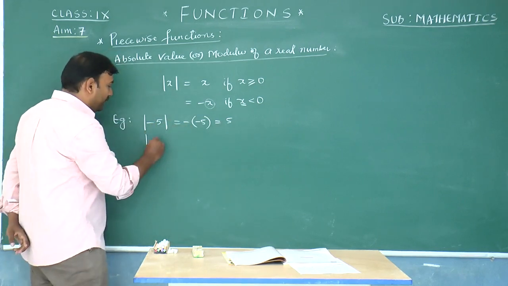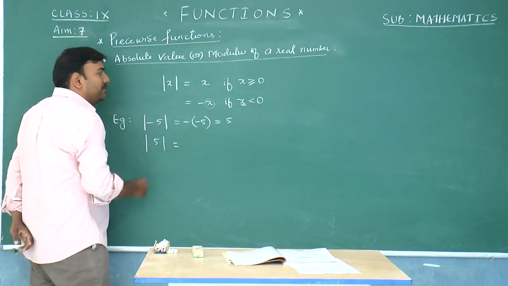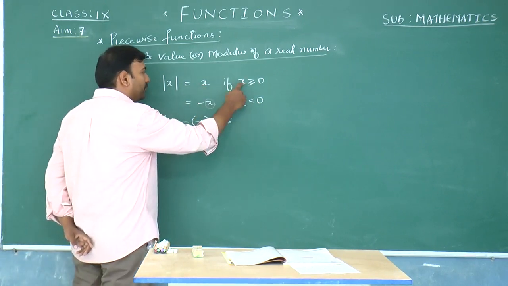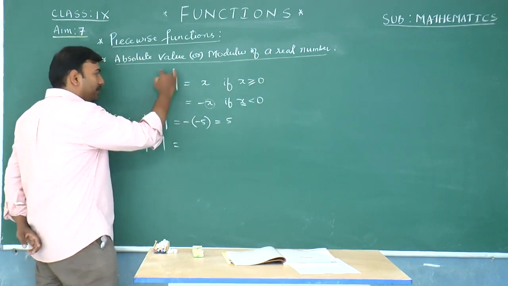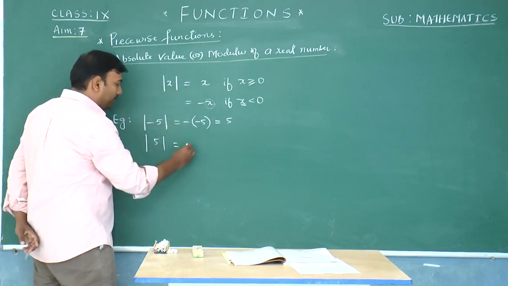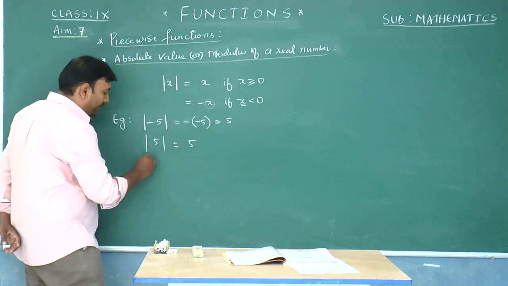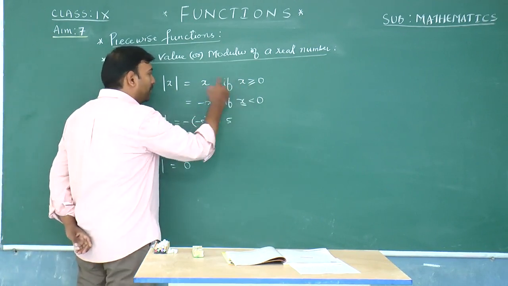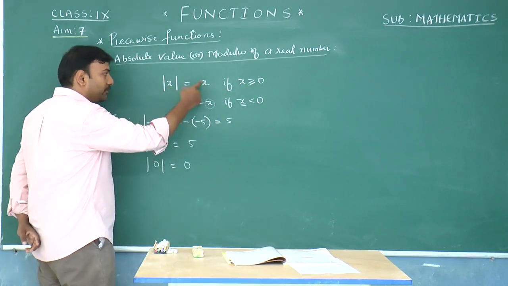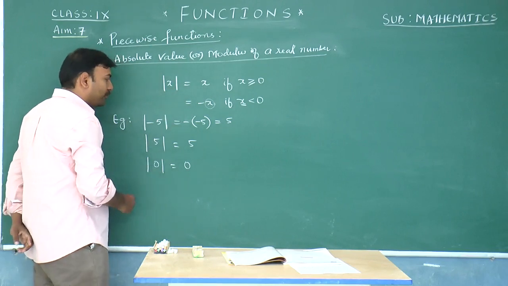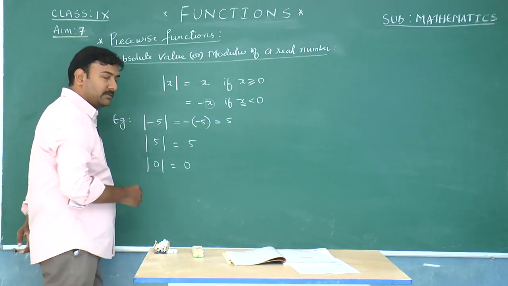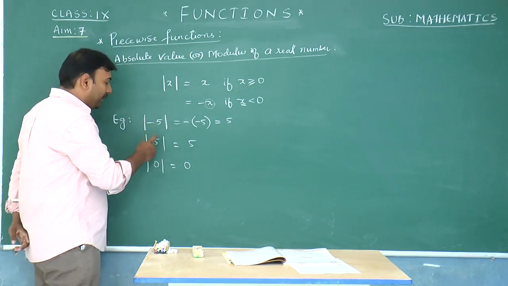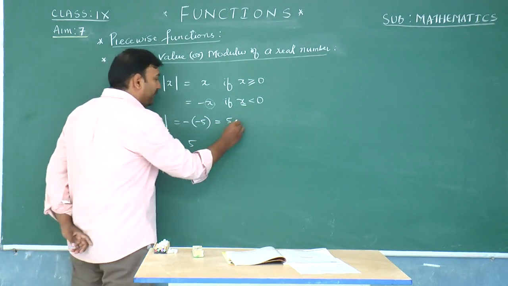The absolute value of plus 5, if the number is a positive number, is going to remain the same, 5. And the absolute value of 0 is going to remain the same, 0 itself. So what we can understand is that the absolute value of any real number is never negative.